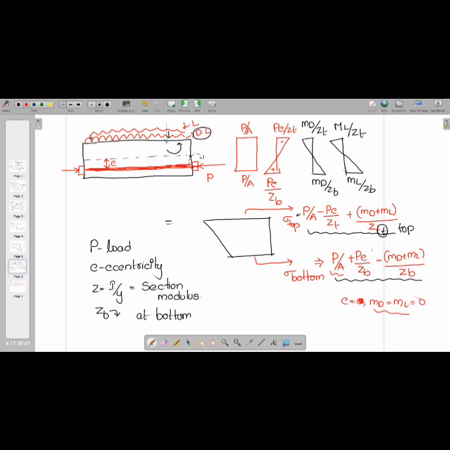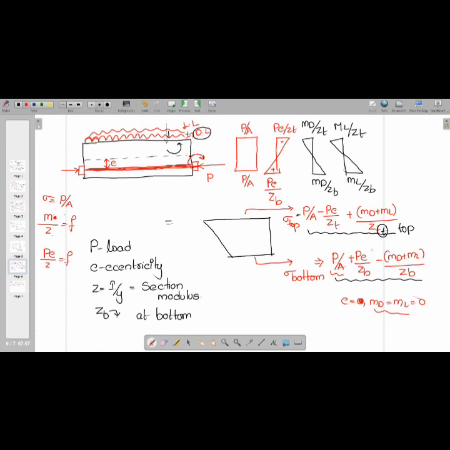But there is an additional term here, sir. I told you, stress is nothing but load upon area. Bending stress is f equal to M by Z. Here the moment is P into e, so it is P e upon Z, that is bending stress.